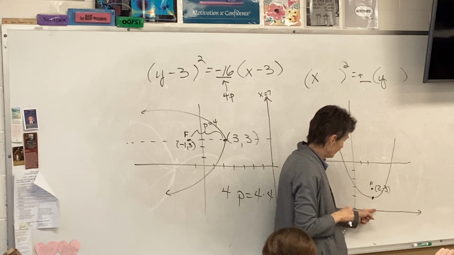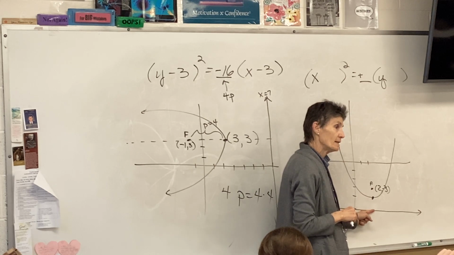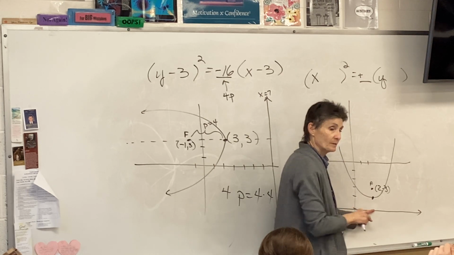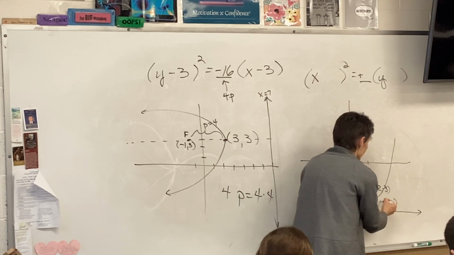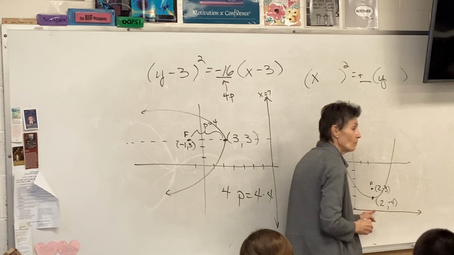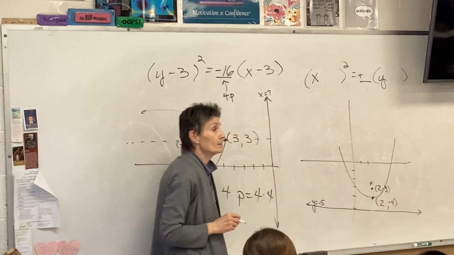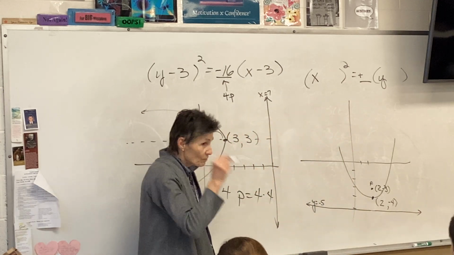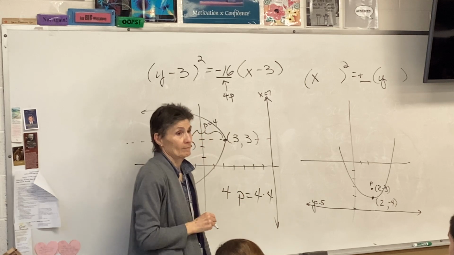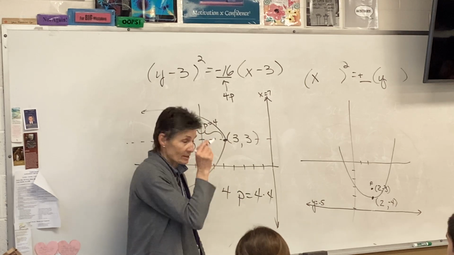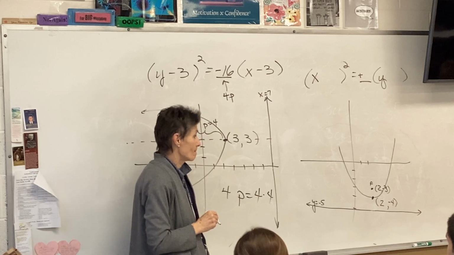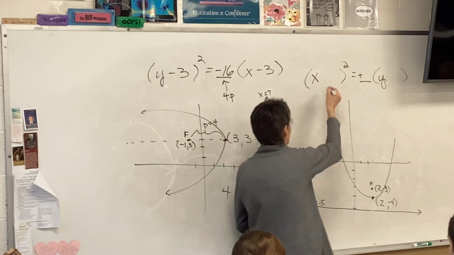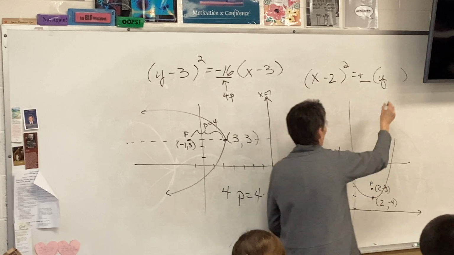What's the middle of -3 and -5? -4. So what are the coordinates of this point? 2, -4. And again, if you put this on graph paper, you can just count to find the point. So 2, -4, the x minus 2, y plus 4.